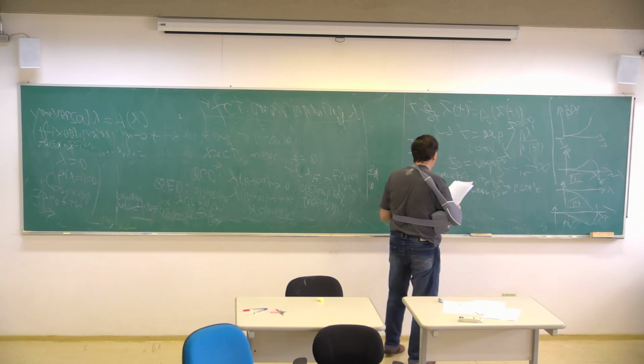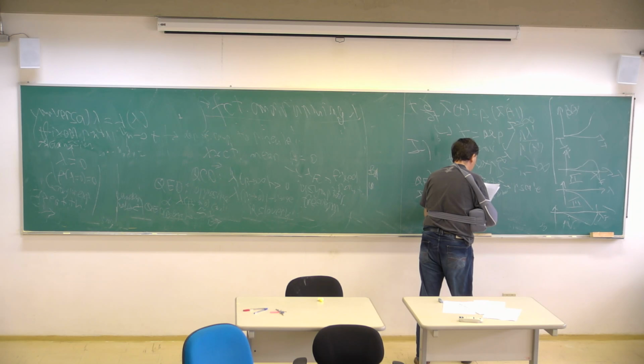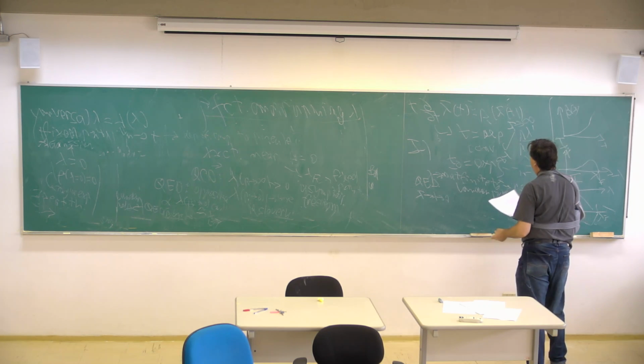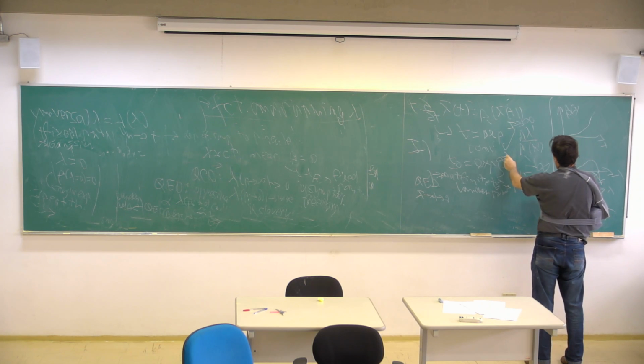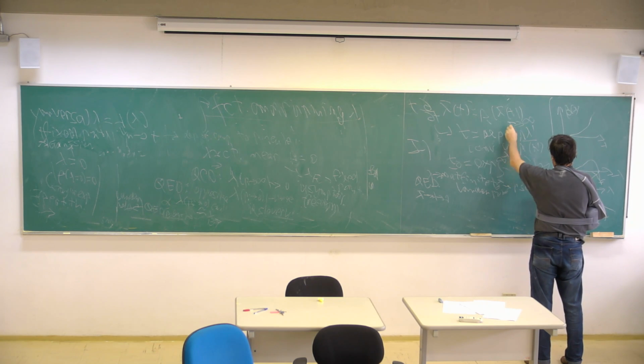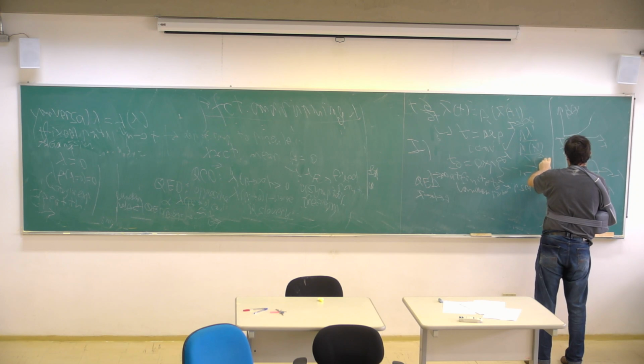Now if lambda bar goes to 0 and lambda also goes to 0, then in this integral, lambda and lambda prime are both 0, and this thing is approximately beta prime at 0 times lambda prime.